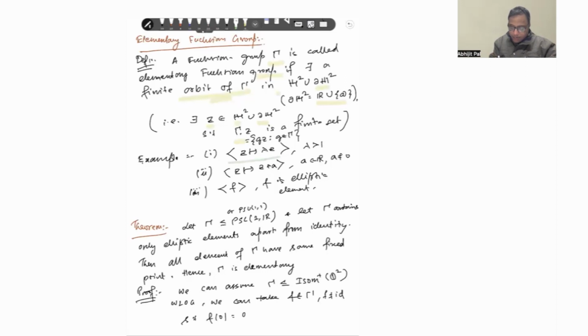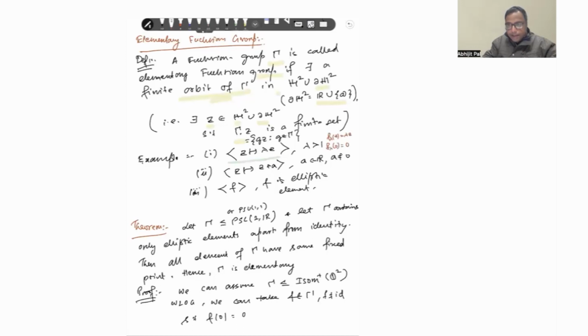Why is this an elementary Fuchsian group? If I take this hyperbolic isometry f lambda of Z equals lambda Z, the fixed points of f lambda are 0 and infinity. If I apply f lambda on 0, it is equal to 0.